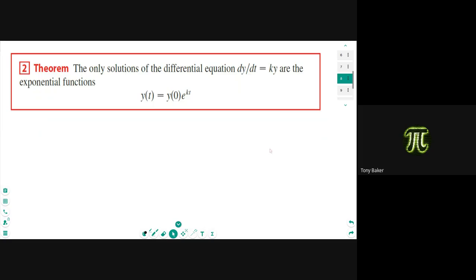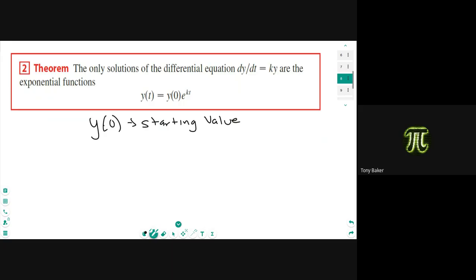Now, you might not have seen it with y sub 0 in there, but y sub 0 is just your initial condition, that would be your starting value.